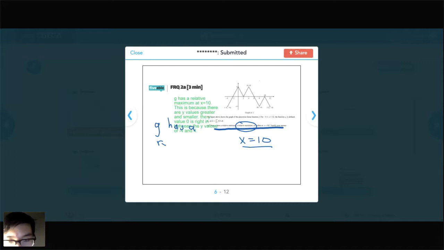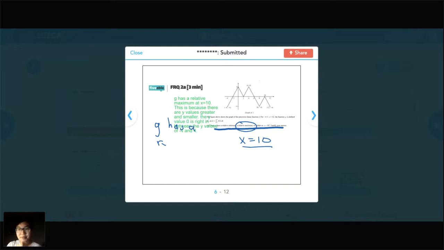All right. G has a relative maximum at x equals 10. So here, remember, this is a graph of f, not a graph of f prime. They try and trick you sometimes with this. And so therefore, remember, the graph of g prime is the graph of f.